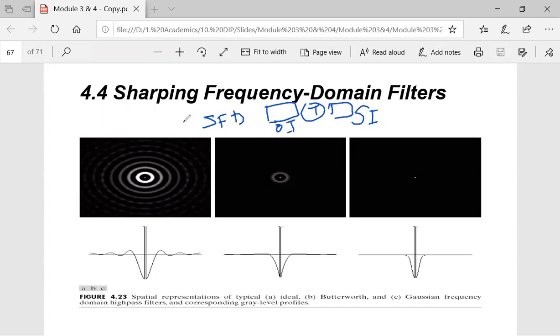The input for the sharpening frequency domain is the smoothed image, and you apply the inverse transformation. Then you get the sharpened image. Here you can see the spatial representations of the ideal, Butterworth, as well as Gaussian frequency domain filters.